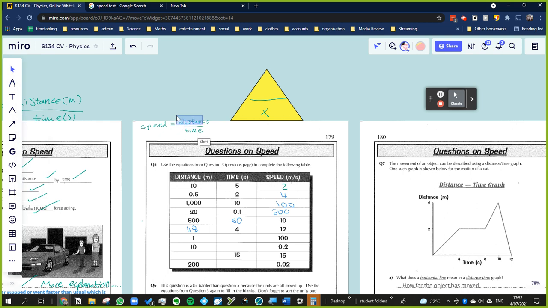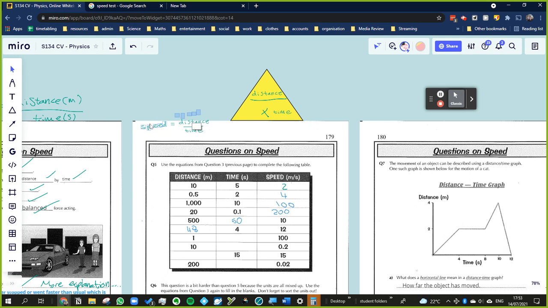We take the right hand side, and distance goes at the top because it's above the line, and then time goes under the line. It doesn't matter if it goes on the left or the right, so I'll put it on the right, and then the gap is where the bit on the left goes.